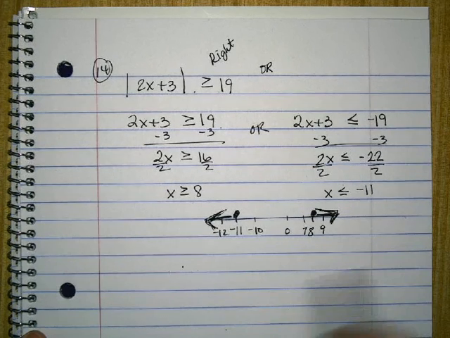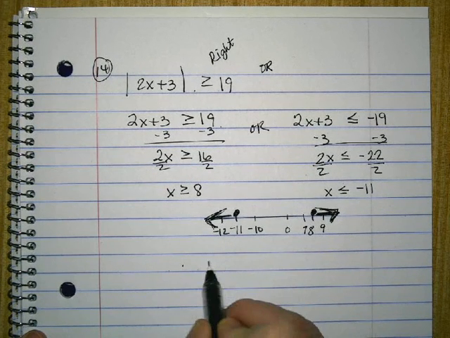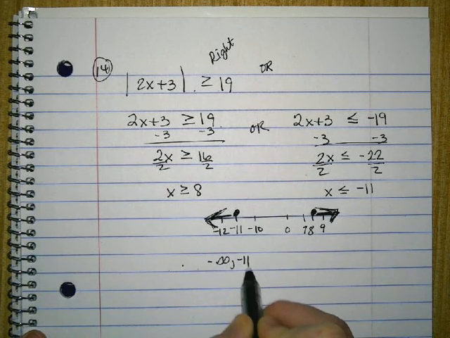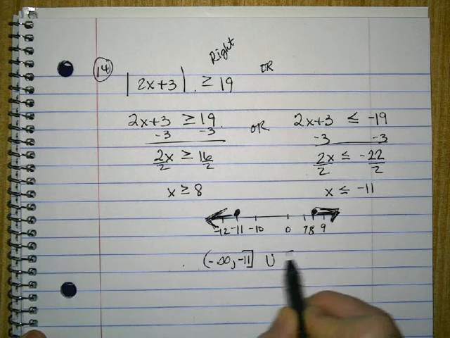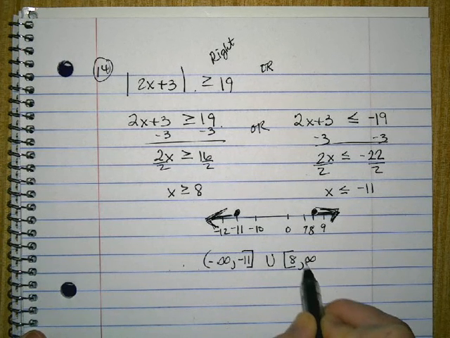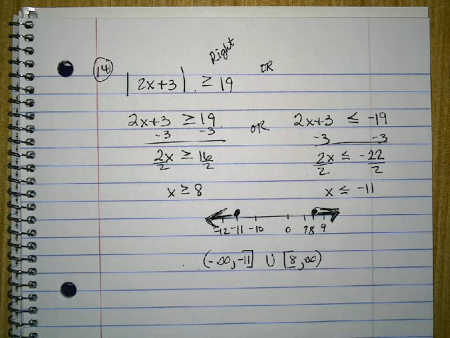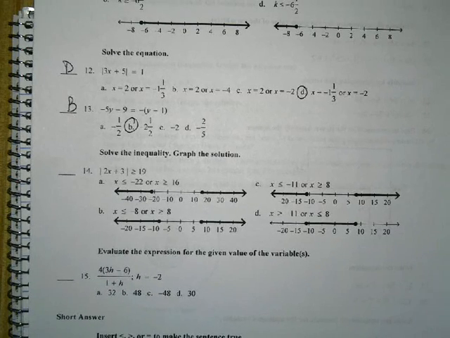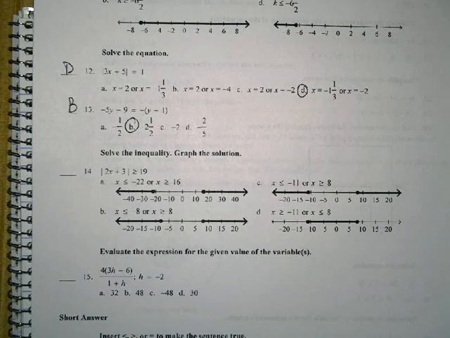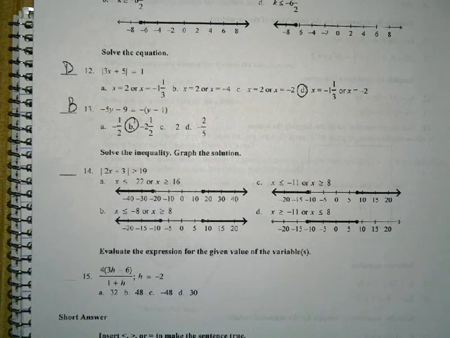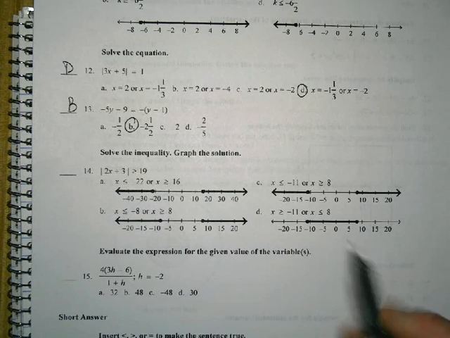So if I were doing college algebra, I would write negative infinity to negative 11 in union with 8 to infinity. But all I have to do on here is pick the right graph. So which graph is that? That is answer choice C.